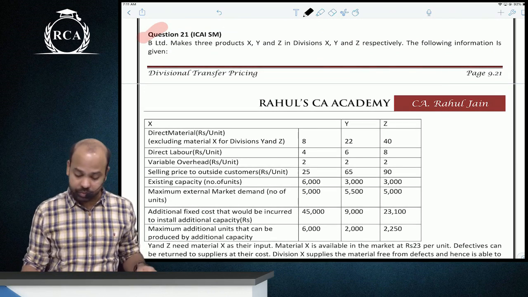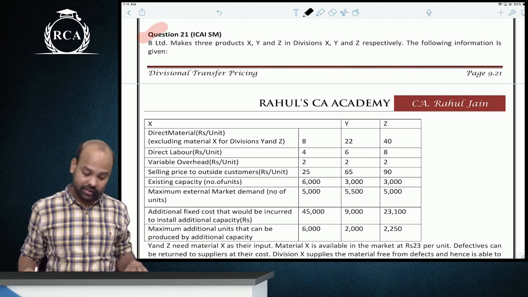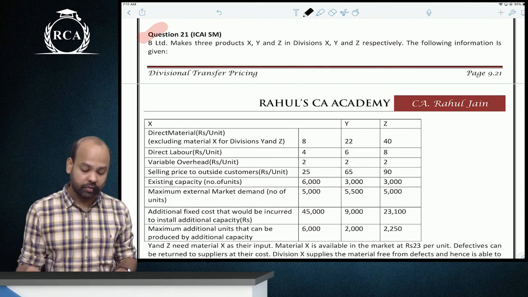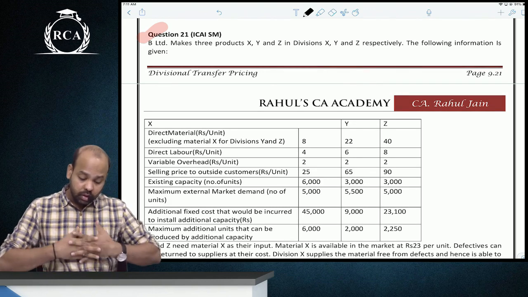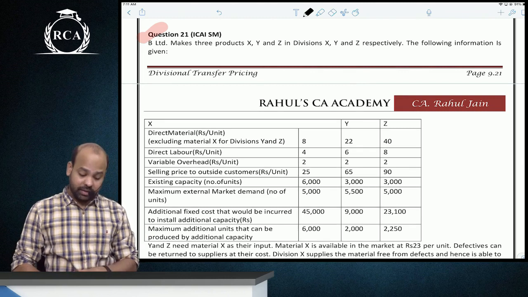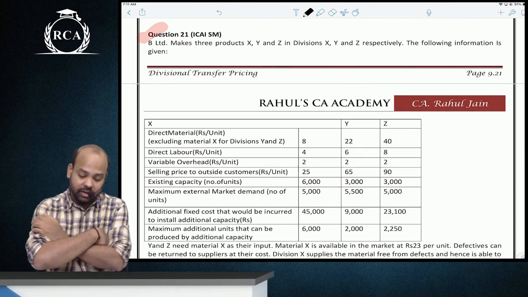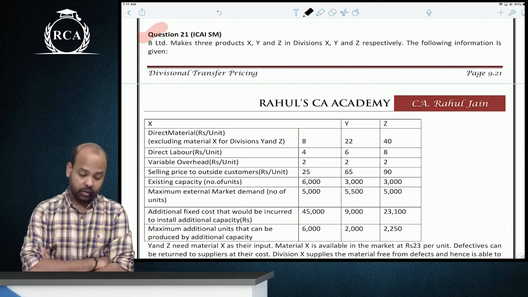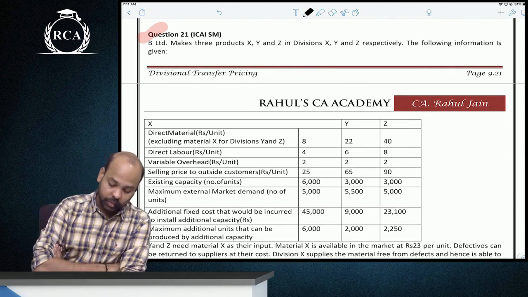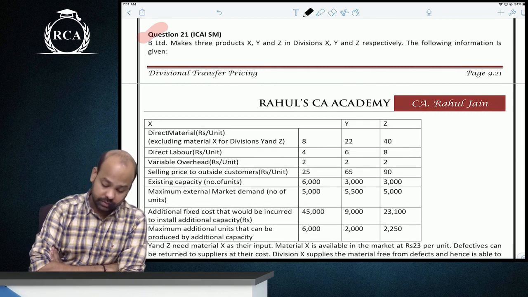B Limited. B Limited makes three products, guys, X, Y, and Z in divisions X, Y, and Z respectively. The following information is given. Direct material per unit excluding material X for divisions Y and Z is 8, 22 and 40. Direct labor, beta, rupees per unit is 4, 6, and 8.